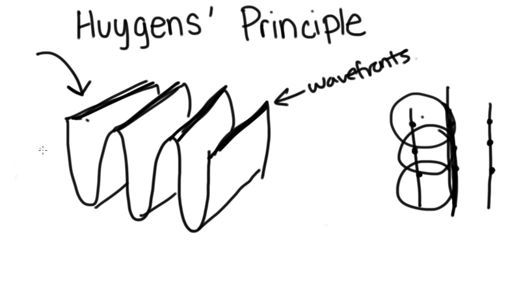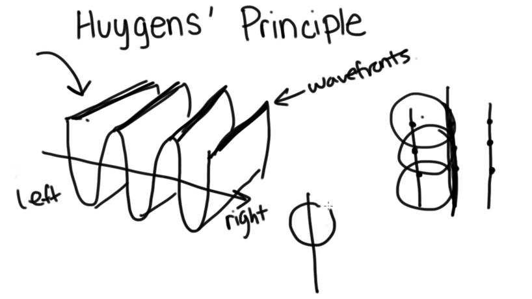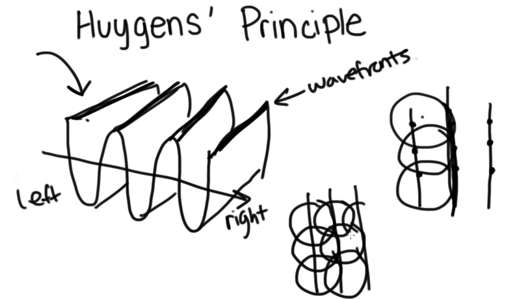So the plane wave, let's say it travels this way, from left to right. This means that if we look at the wavefront on the very top, each of these spherical waves will lead to the next wavefront, and to the next wavefront, and to the next wavefront, moving from left to right, exactly like this plane wave.